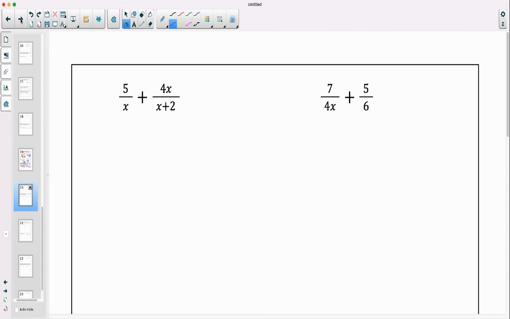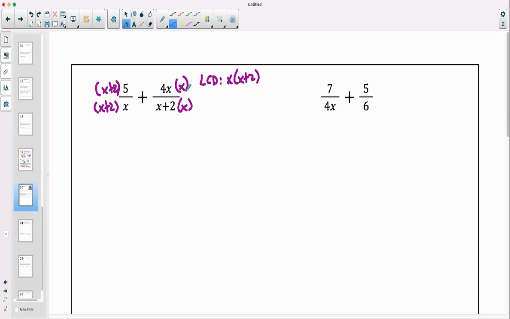So looking at this one, same exact idea. Lowest common denominator is going to have to be x times x plus 2. So I'm going to have to multiply this fraction by an x plus 2. I have to multiply this fraction by an x.